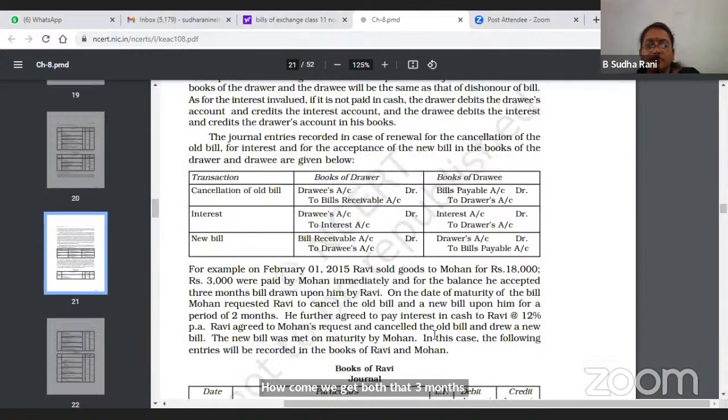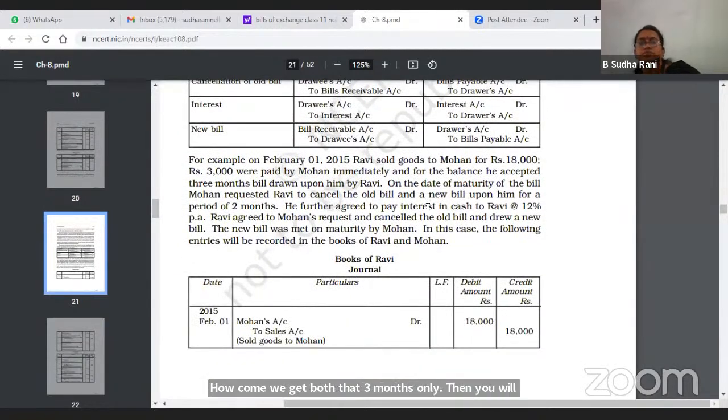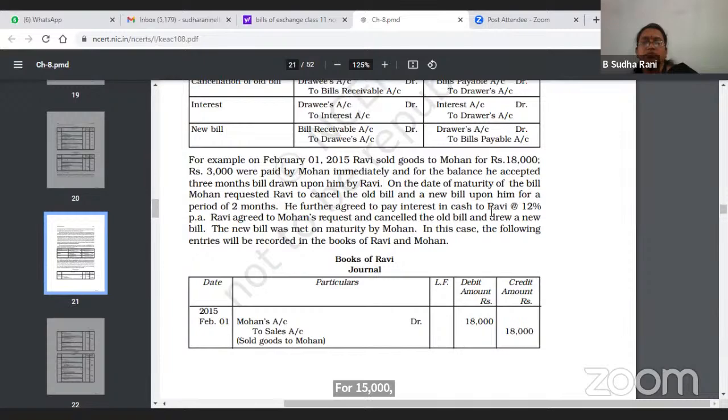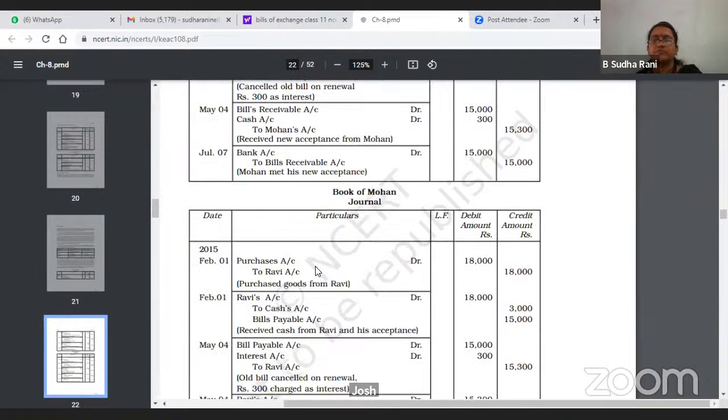The new bill is drawn for 2 months only. So 15,000 for a period of 2 months, levy 12% per annum upon 15,000 for 2 months.